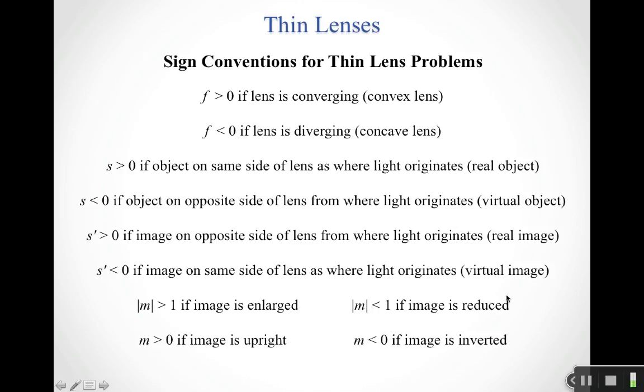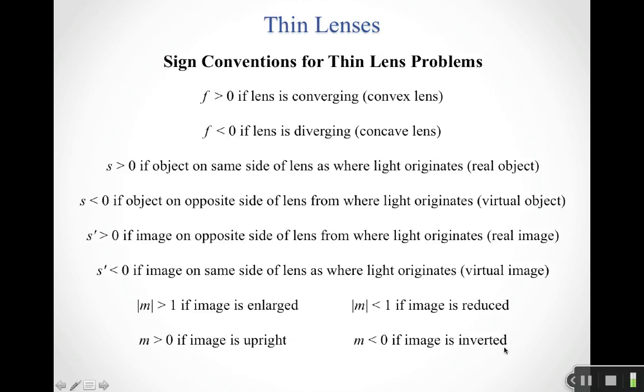And then paying attention to the sign of the magnification will tell me whether or not I have an image that's upright or inverted. If the magnification is positive, then I have an upright image. If the magnification is negative, then that means I have an inverted image.